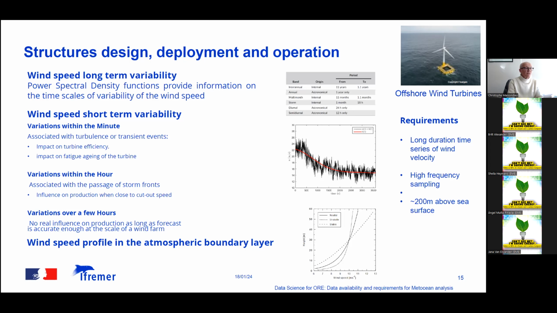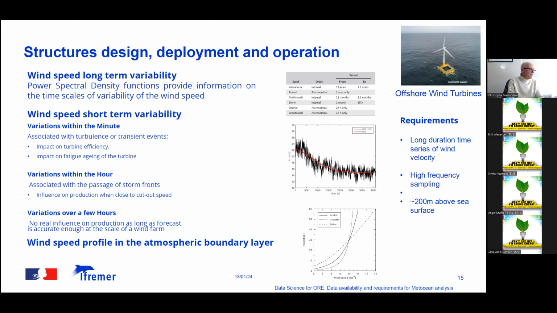We also have to take into account the fact that the wind speed is not evenly distributed in the boundary layer for these wind turbines, which are really high, up to about 200 meters above the sea level.